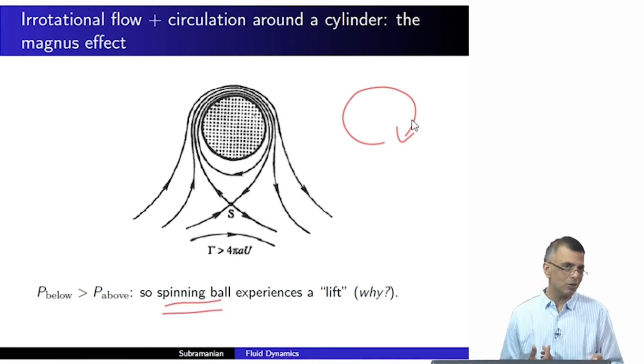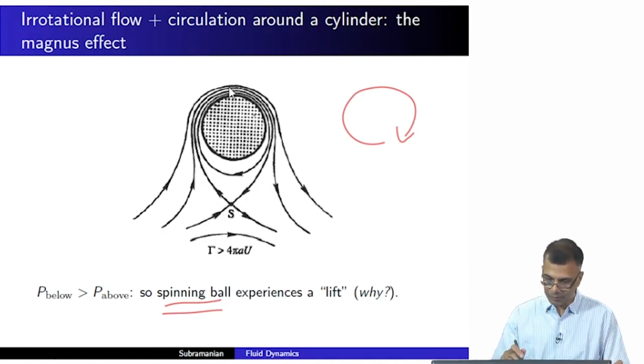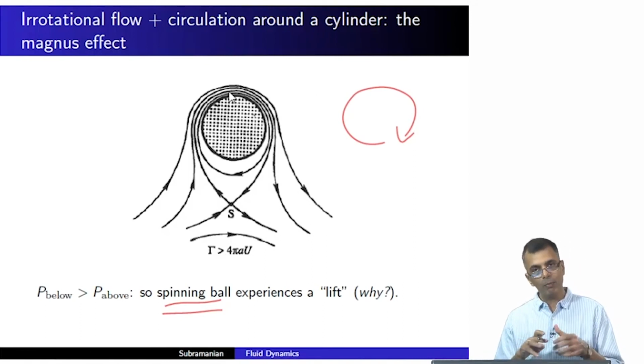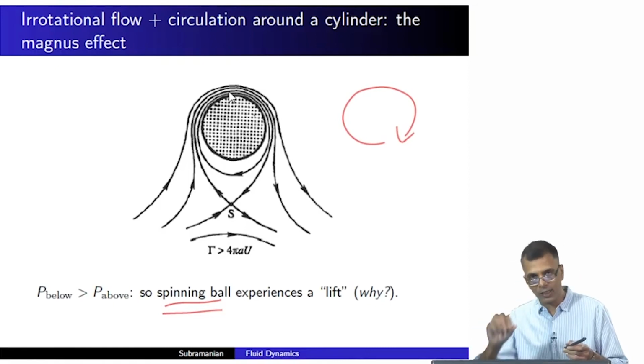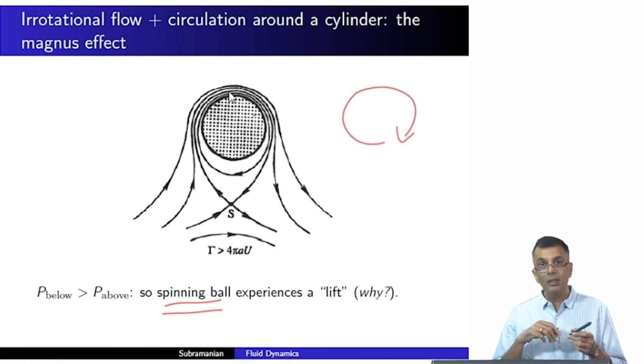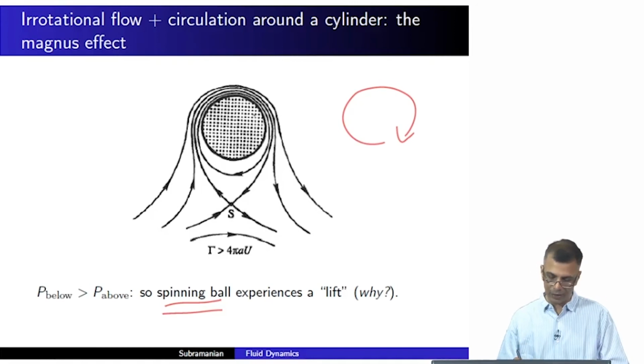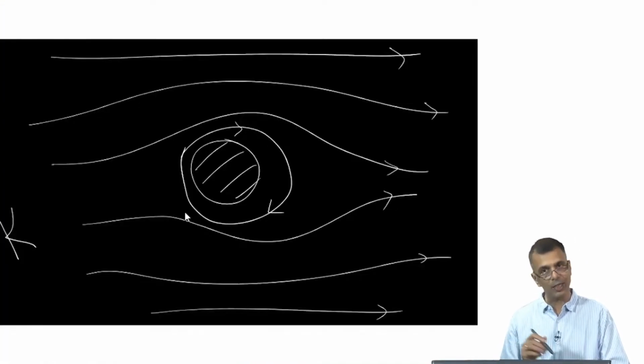Now viscosity is all about sticking a fluid, right? So the fluid sticks here, and because the ball is spinning, it tends to drag the fluid along with it. So the fact that there's viscosity generates circulation. In effect it's the same thing as adding circulation by hand.